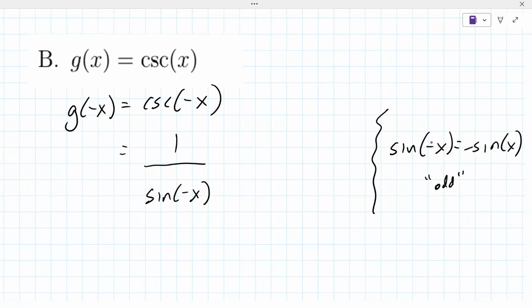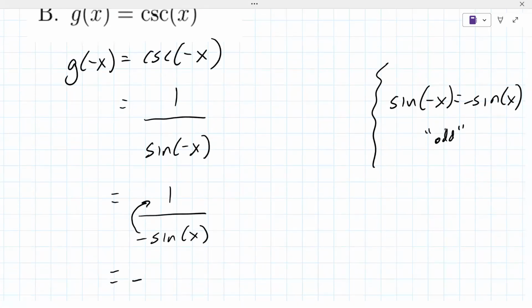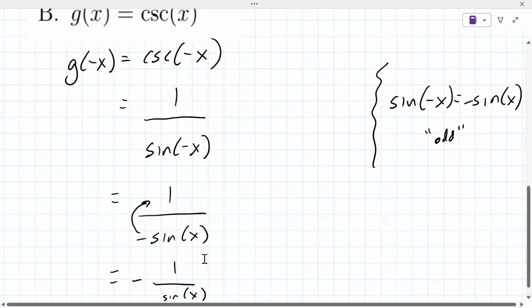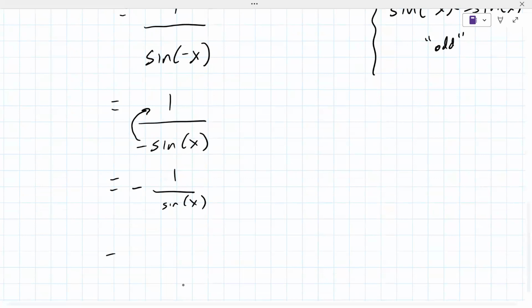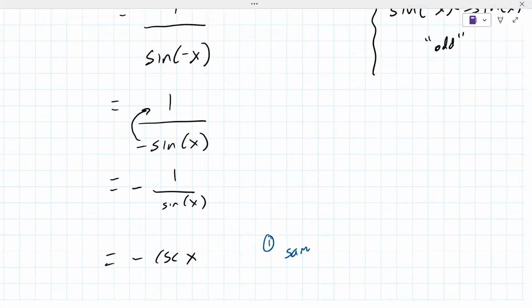So that means this becomes 1 over negative sine of x. You can bring the negative up, which is standard, or leave it out in front. Then you can use the reciprocal property to say this is really negative cosecant x. And this is where the first gate checkpoint is: is this the same as the original?